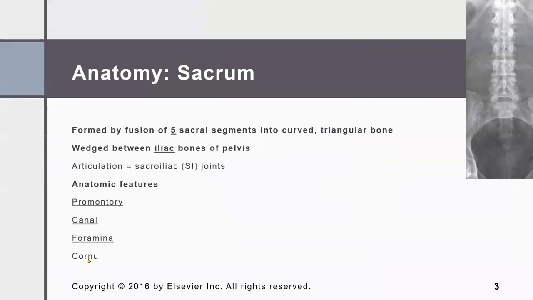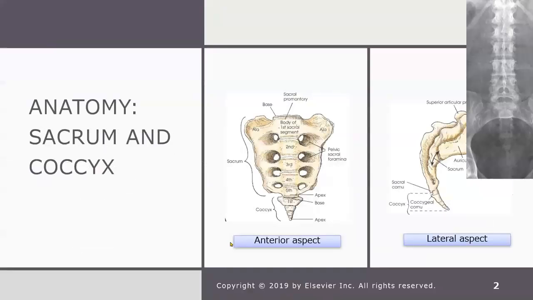The cornu lies in the inferior portion of the sacrum, and they're basically like little horns that help connect the sacrum to the coccyx. It's kind of hard to see on an AP or a lateral.